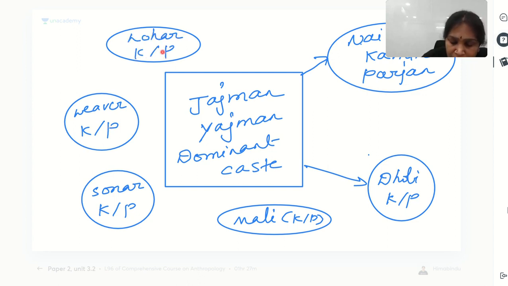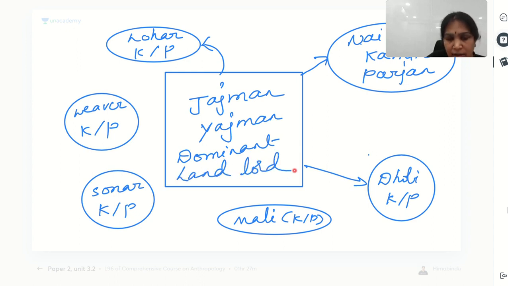Kameen or Parjan. So Yajman is at the center, and Kameen or Parjan are the other aspects of it, right? Now, if you observe, this jajman belongs to the dominant caste, right? And also he is a landlord. Is it clear? He owns agricultural land.